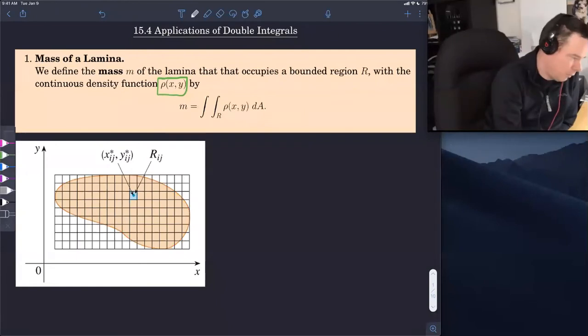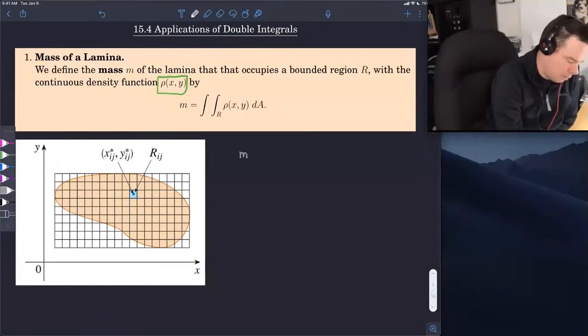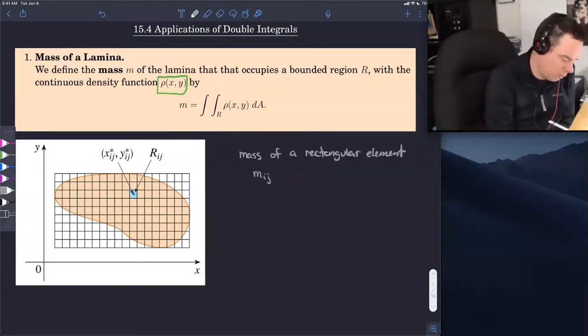And so what we have is that the mass of a rectangular element, so one of these small rectangles we chopped it up into, what's the mass of the small rectangle? Let's call that M_ij, the mass of the ij-th rectangle.